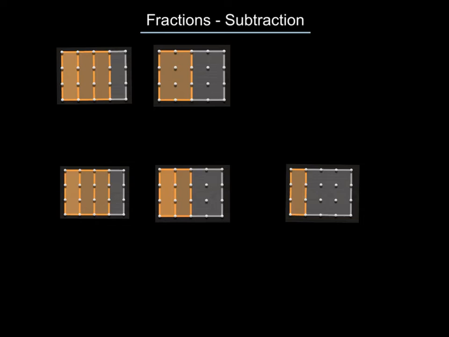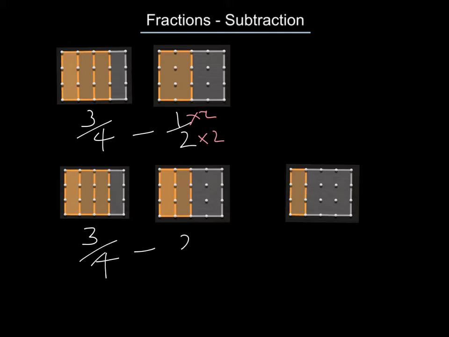Subtraction works the same way as addition except that you subtract the numbers. So in my example here I've got 3/4 and I want to take away a half. We can turn a half into 2/4 by multiplying both of the numbers in the half by 2. And that gives us the new equation of 3/4 minus 2/4.